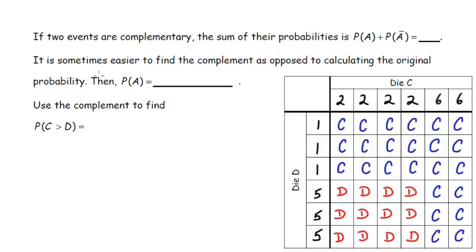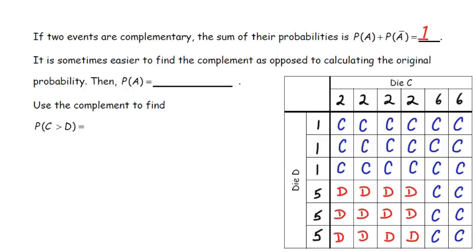So if 2 events are complementary, the probability, let's say that I win, plus the probability that I don't win, well, I've covered all my options and there's no overlap here, so this probability should always be 1. So let's think about those examples we looked at.